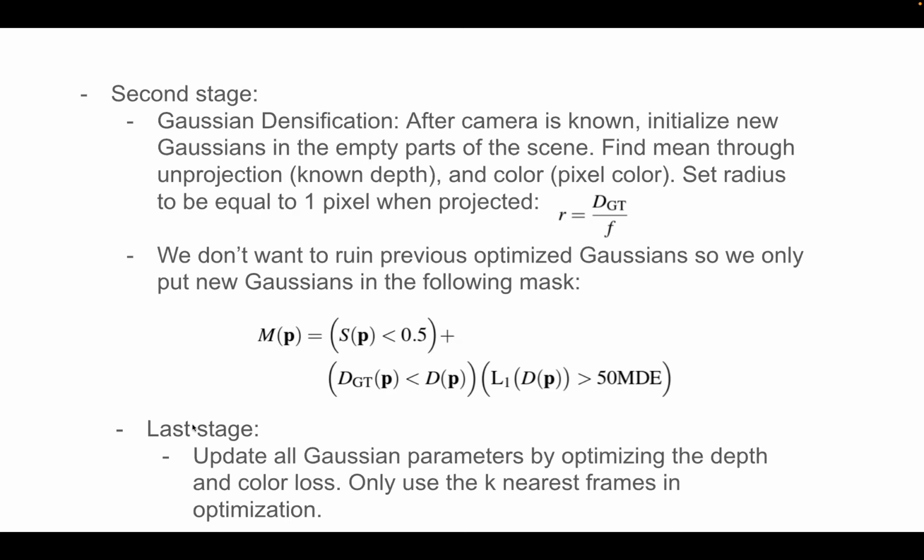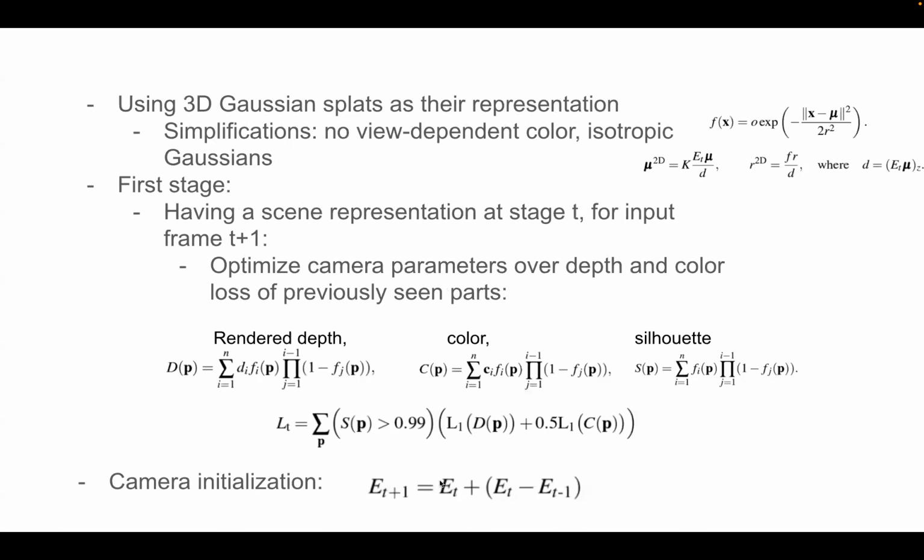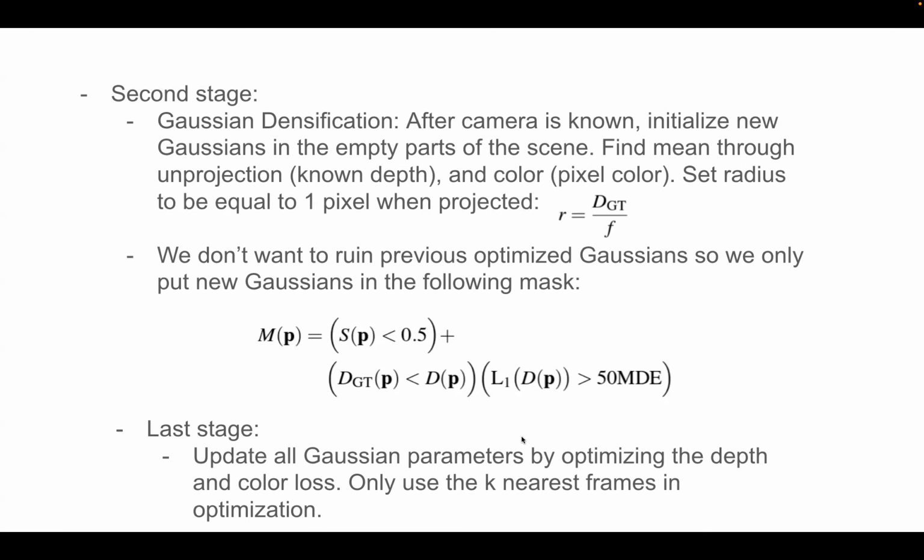So for the last stage, they have to optimize these new Gaussians to fit the actual image, the new image that they got. So they optimize all the Gaussians together by optimizing the depth and color loss that we saw here again, but they freeze the camera parameters now.